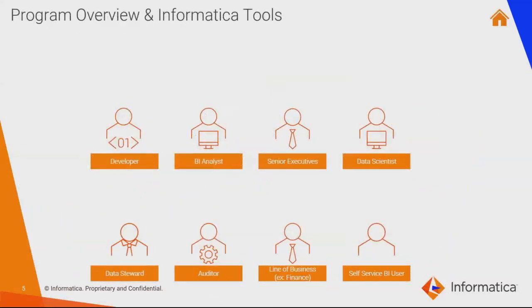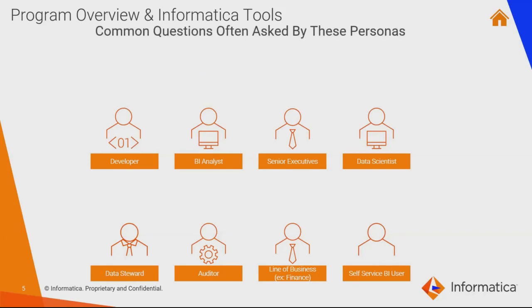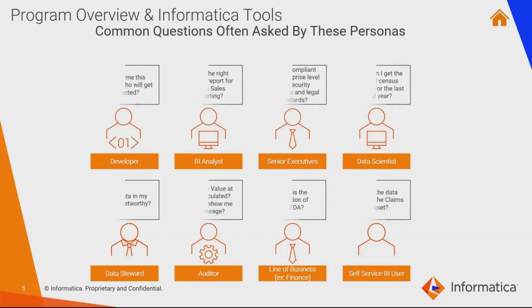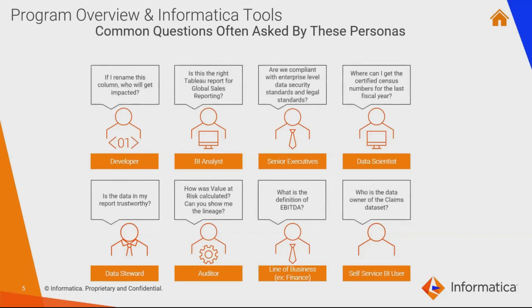Typically in our cases, we have a variety of users, of personas that are helping to manage the platform. So they all have different goals. They will ask different questions about the way they manage information. For example, a developer wants to know, what's the impact if I change this data column?